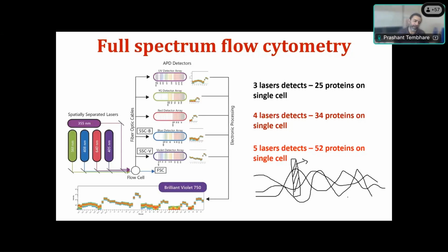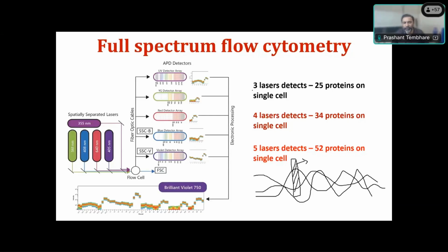In a standard setup, in the blue laser you can identify 5 markers, in the red laser 3 markers, in the violet laser 5 markers. But in spectral flow cytometry, in the blue laser you can identify up to 12 markers, in violet 8 or 9 markers, and in UV 12 to 15 markers.